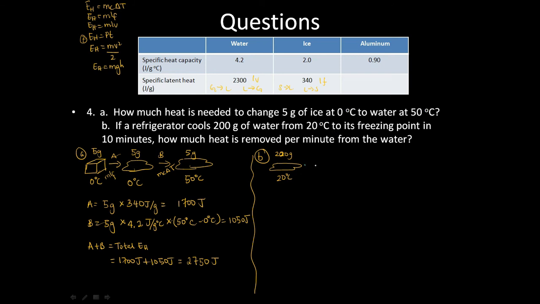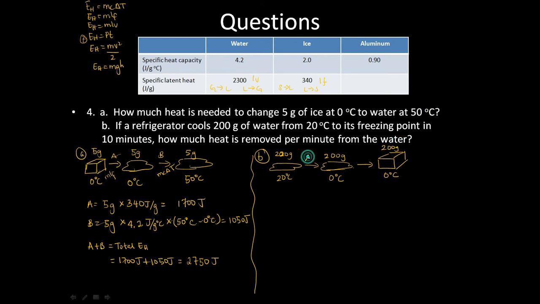Before it gets to become ice, right, it has to pass through the freezing water, which is 0 degrees, 200 grams, and then now we need the ice to form. So it must freeze to form ice, right? And we have 0 degrees Celsius.